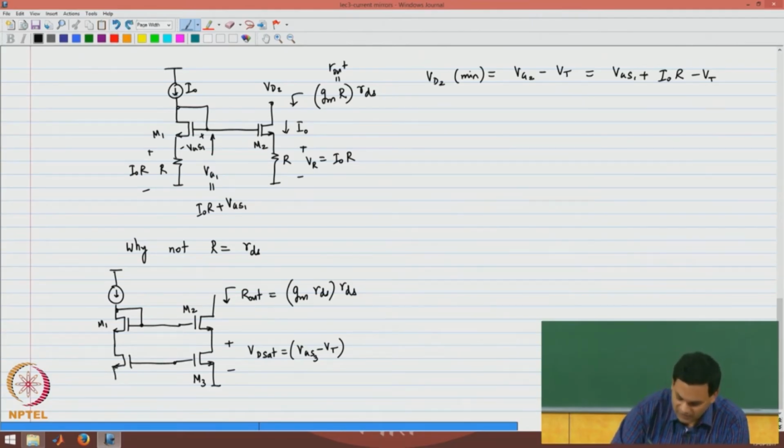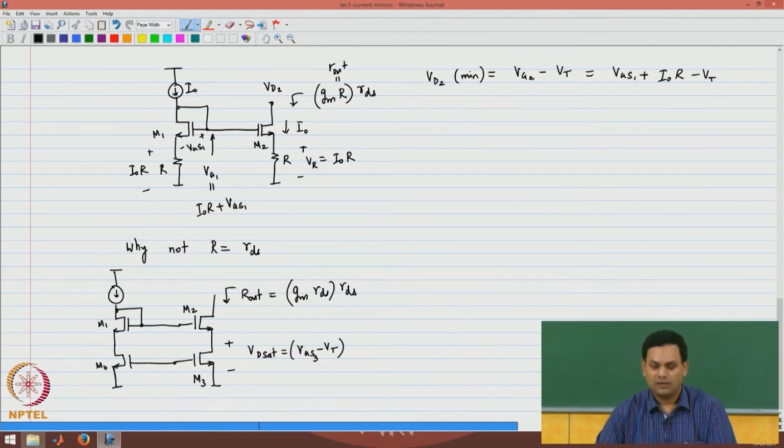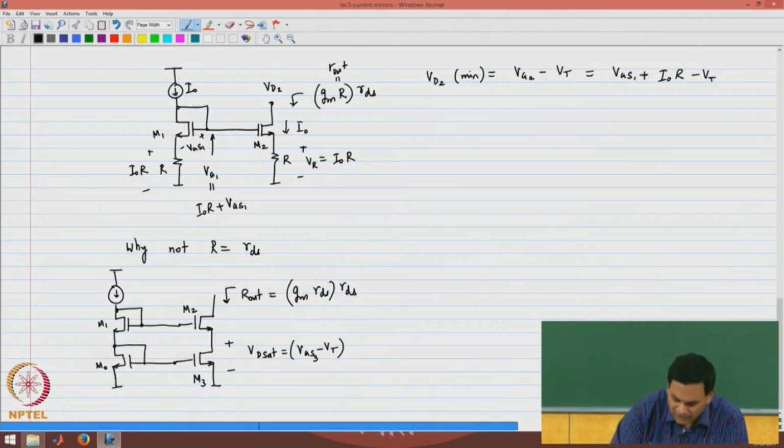I am going to call it M0, since it is on the left side. Now I still need to connect the common gates of M0 and M3 to some node, and this happens to be a convenient node. So now I can calculate what the voltages are in the rest of the circuit. So let us quickly do that.